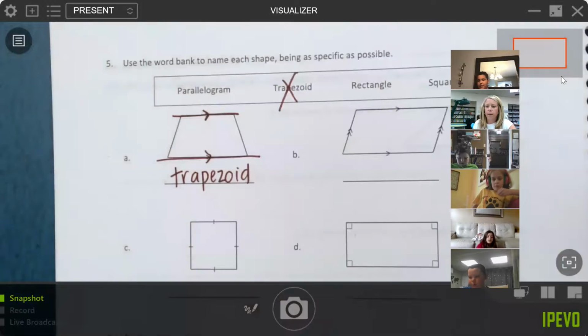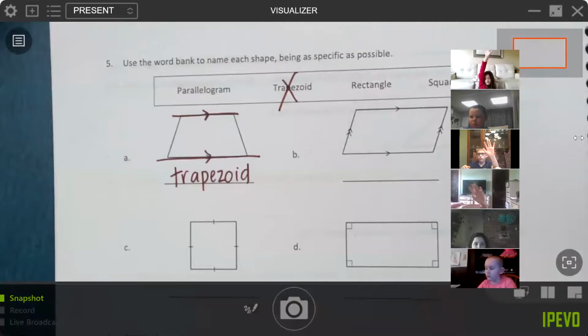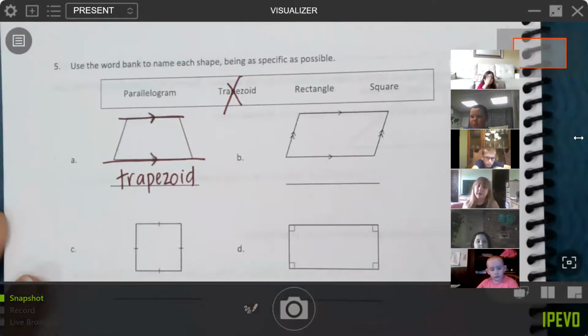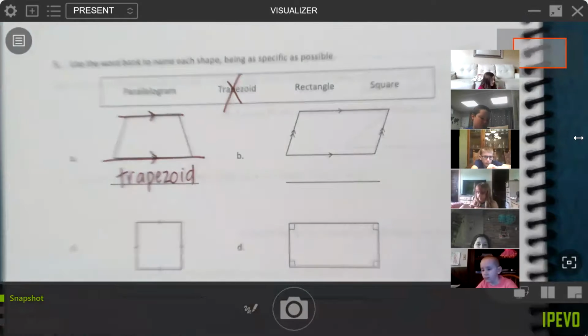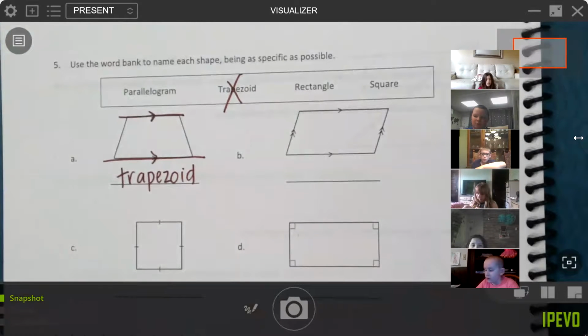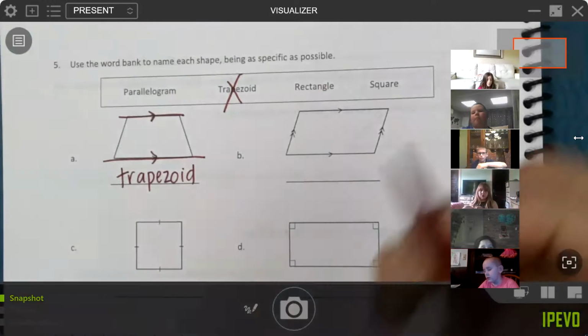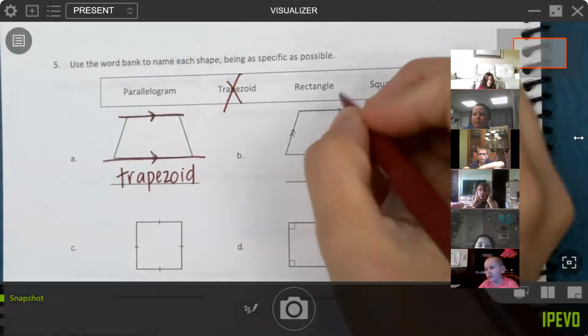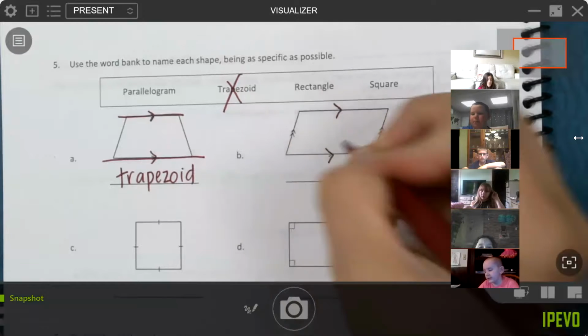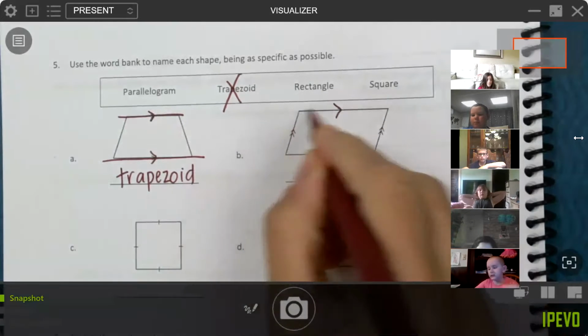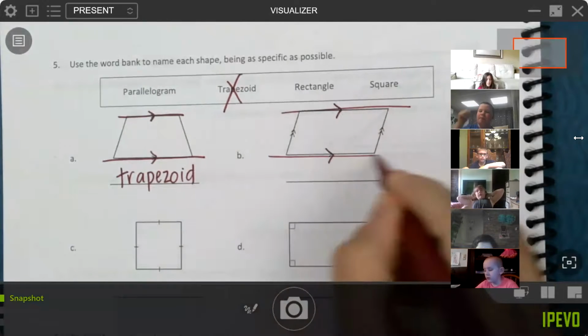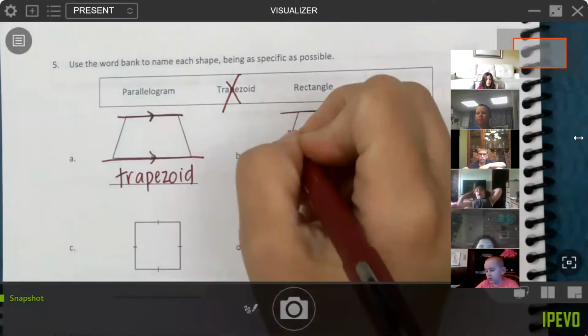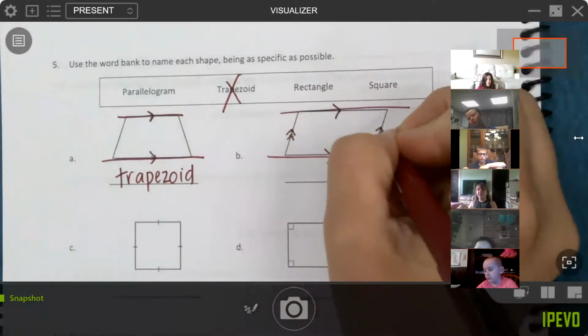Okay, who would like to do letter B? Okay, Cooper, what types of characteristics do you see with letter B? It has 2 pairs of parallel sides, and it's also a quadrilateral. Hold on one second. So this one arrowhead shows that these 2 sides are parallel. And then since this has a double arrowhead, that means these 2.